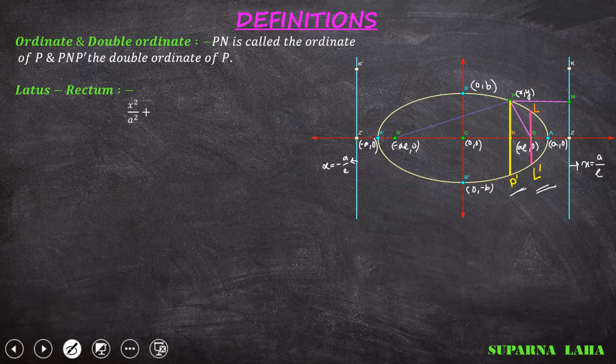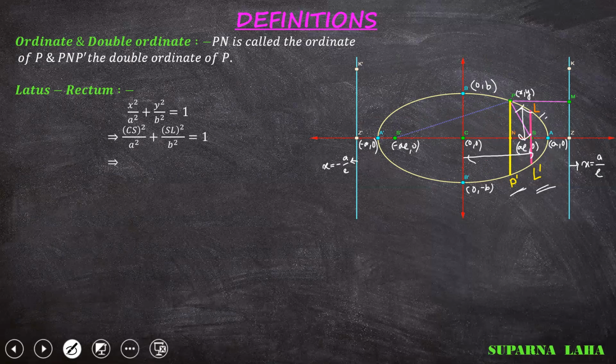Since the equation of the ellipse is x square by a square plus y square by b square, and L is a point on the ellipse, in the place of x we can put this distance from C to S, and in the place of y we can put this distance, S to L. So this is CS whole square by a square plus SL whole square by b square equals 1.